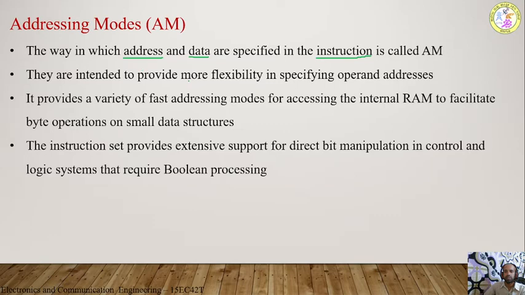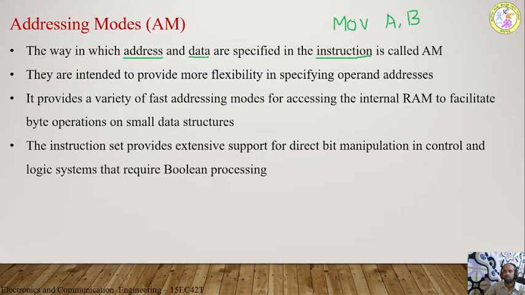They are intended to provide more flexibility in specifying operand addresses. Operand address means, for example, if I take an instruction like MOV A, B. Let us assume that A and B are registers. We have already discussed what the A register and the B register are. MOV is the instruction.